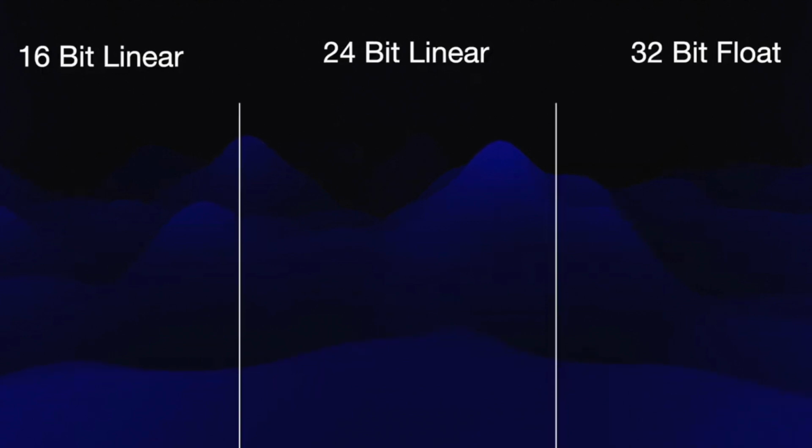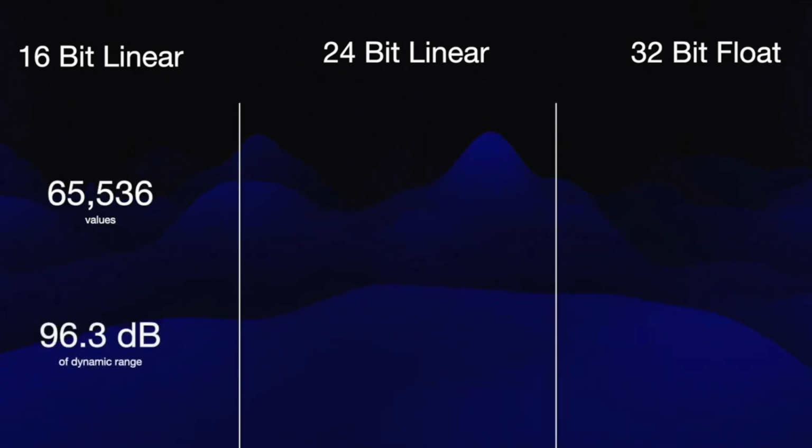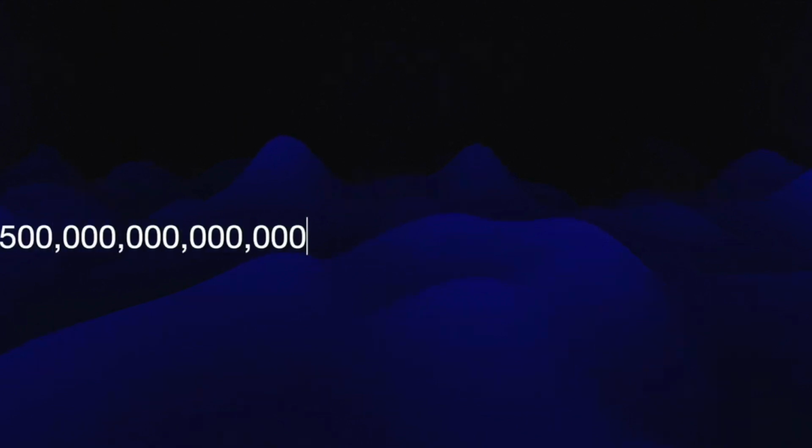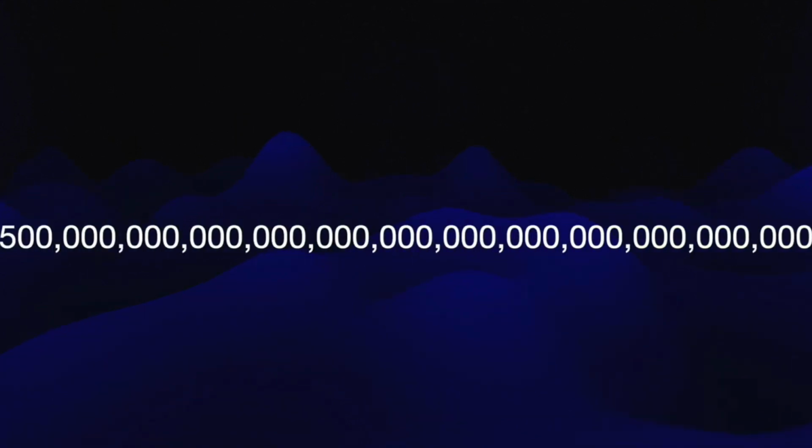To compare, a 16-bit file can do, I think, 65,000 different values, which translates to about 96 decibels of dynamic range. 24-bit linear can do, I think, like 16 million, which I think translates to around 144 decibels of dynamic range. 32-bit floating point audio can do, it's like a 5 undecillion. It's 5 with like 38 zeros after it. That's how many different numbers can exist in a 32-bit floating point audio file.